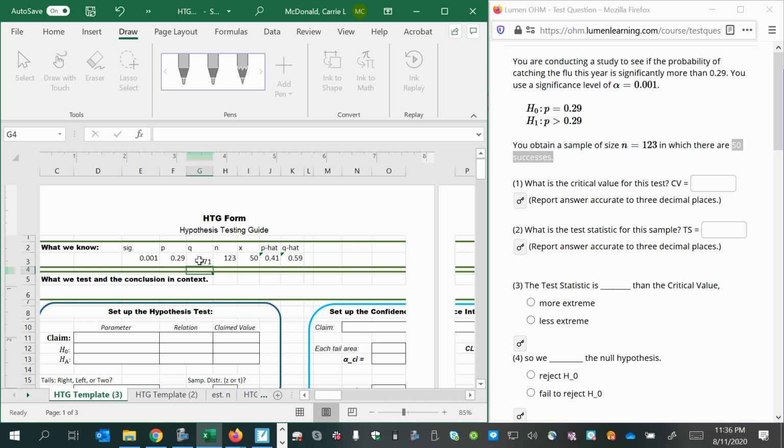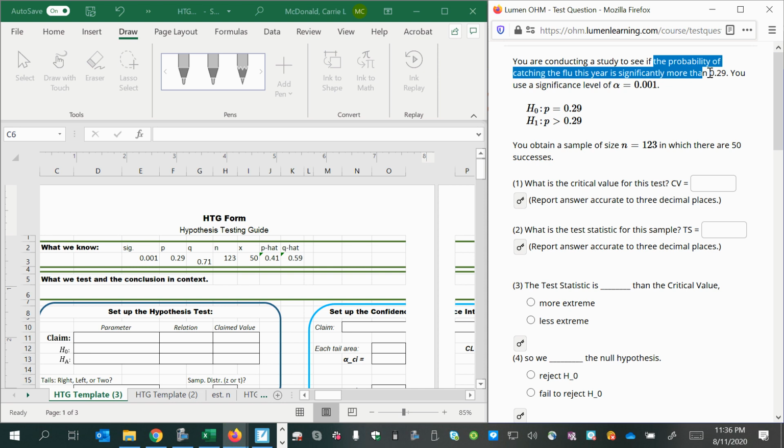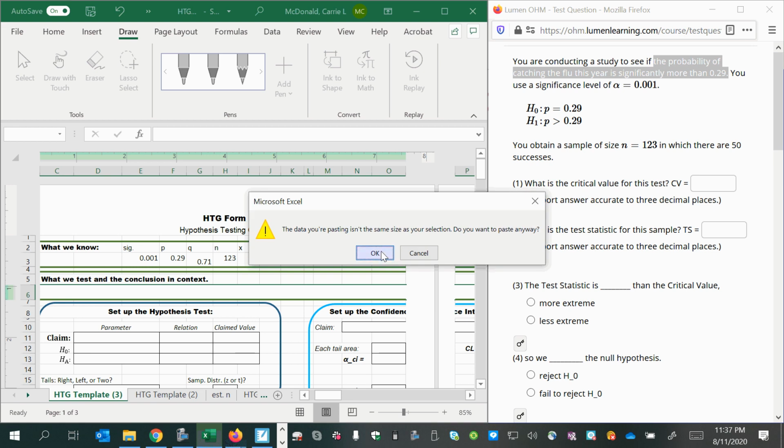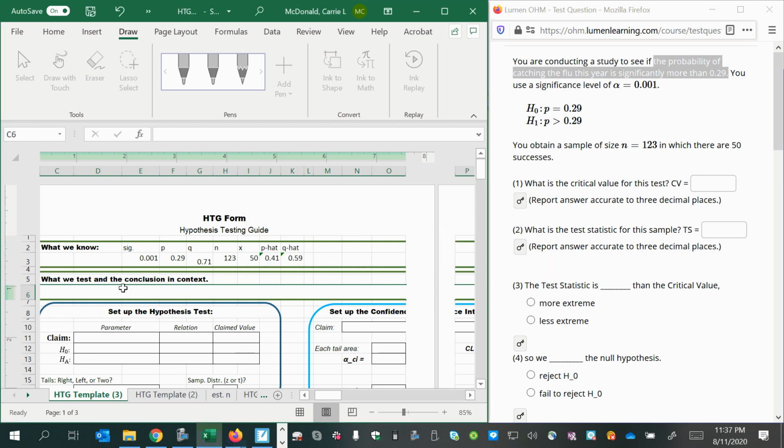Okay, so after laying out all these values, I'm going to use them as I go through this process to test the claim, and let's identify what the claim is. We want to see if the probability of catching the flu this year is significantly more than 0.29.